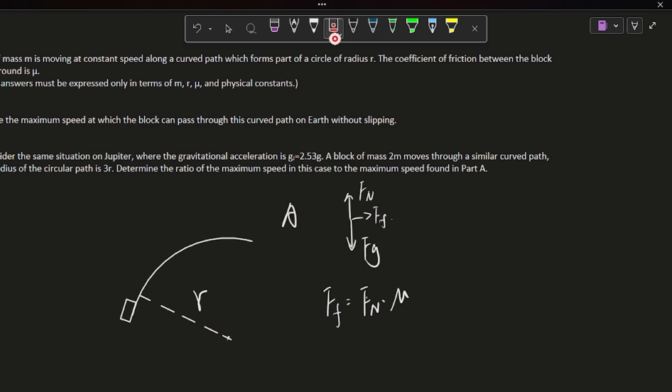In this situation, since the vehicle is on the ground and it's not flying above the ground or diving under the ground, Fn and Fg are equal. So we can just replace Fn with Fg here. Ff is equal to Fg times mu, and it is equal to mg times mu.